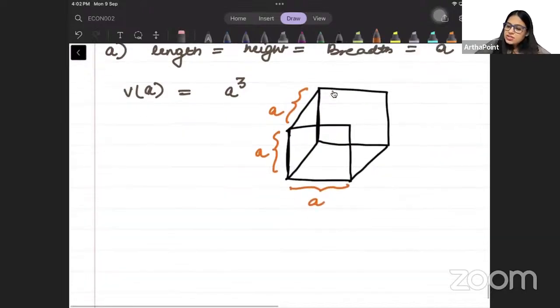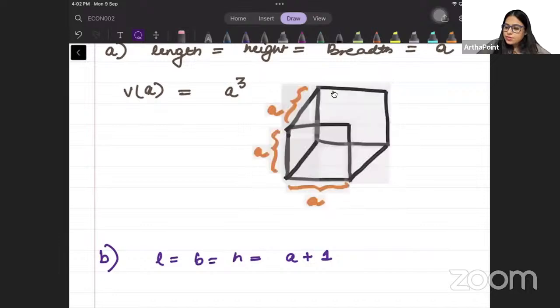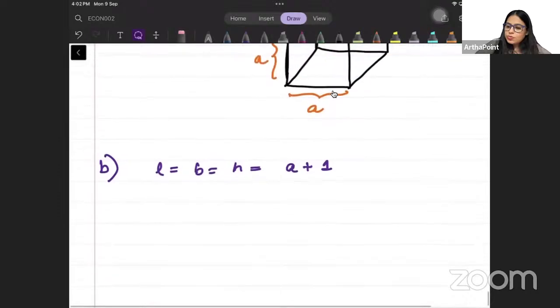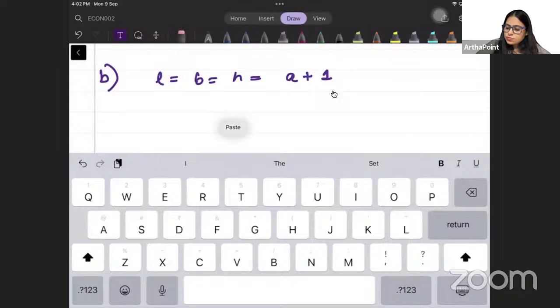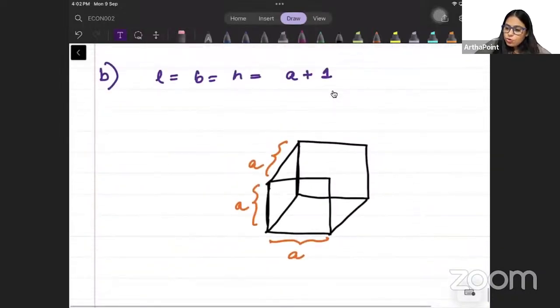Now suppose I ask you that find the volume of the cube जिसका length, breadth and height has been increased by 1. मतलब ये थोड़ा enlarged हो गया है. So if I were to pick up on this cube, मैं इसी cube को पकड़ती हूँ. So it would have meant that now I am going to increase this. ये थोड़ा enlarge हो गया.